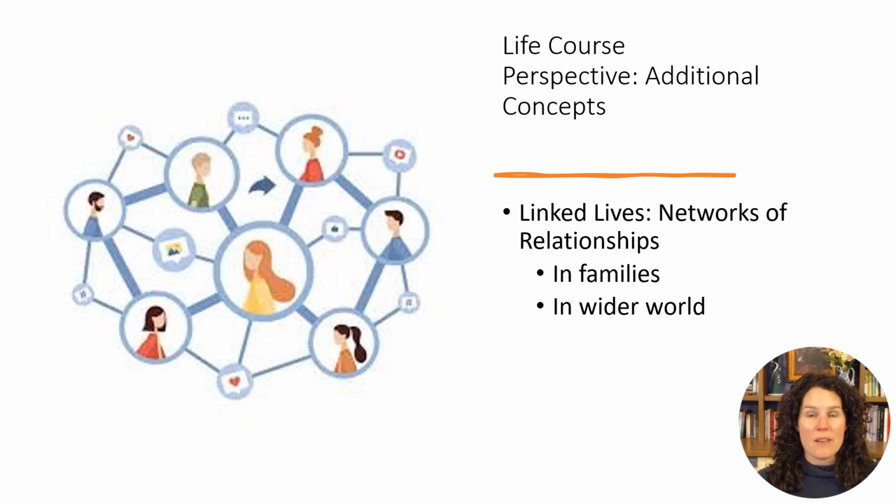So linked lives just builds on that development is reciprocal assumption that we talked about at the beginning of this lecture. It's this idea that we have a shared history, and we have linked lives, in the form of networks of relationships, both within our families, and this is very similar to the idea of interdependence in family systems theory, but we also have linked lives in the wider world, how we're influenced by teachers or other professionals, or our friends or our friends' parents.